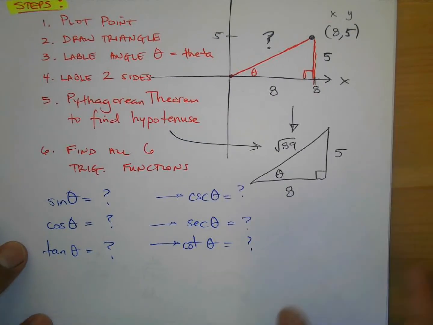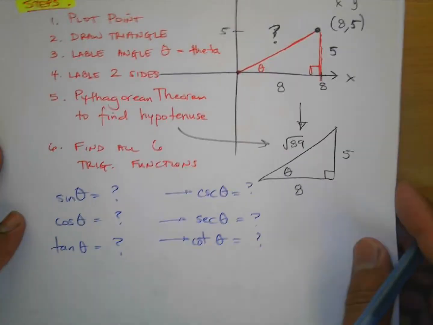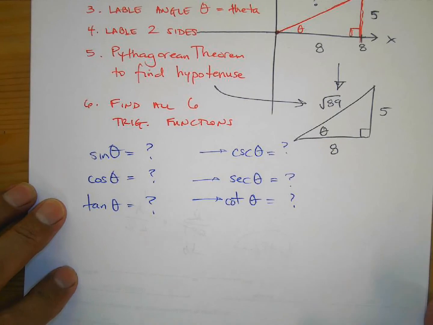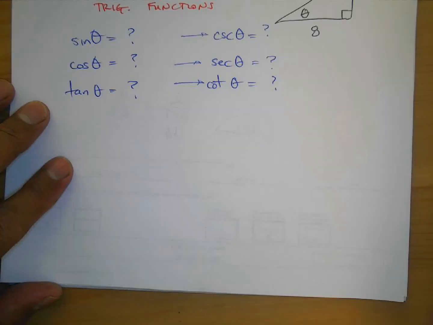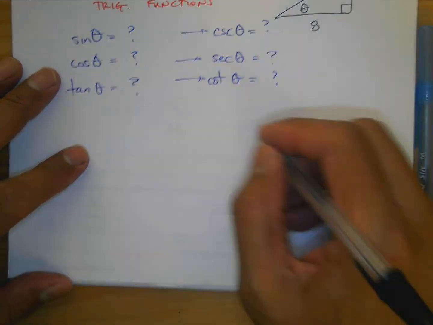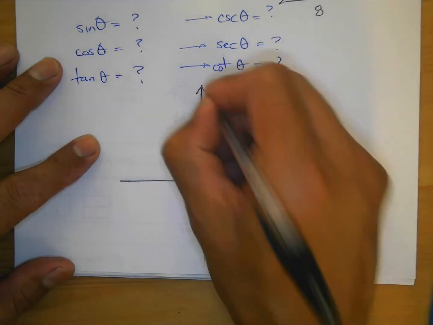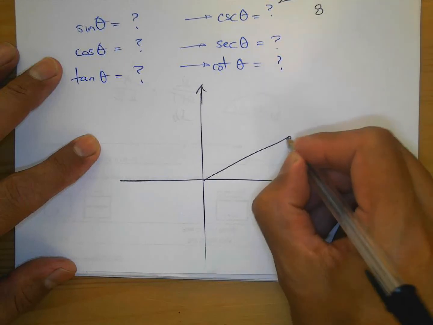But before I go there, let me just explain something to you. Let me use this same, so this is how you're going to do it. Let me go back to this 8, 5 right here. See, it was here, right?